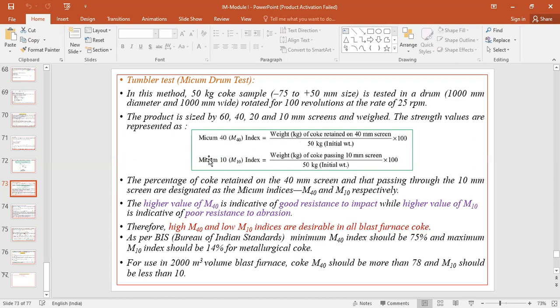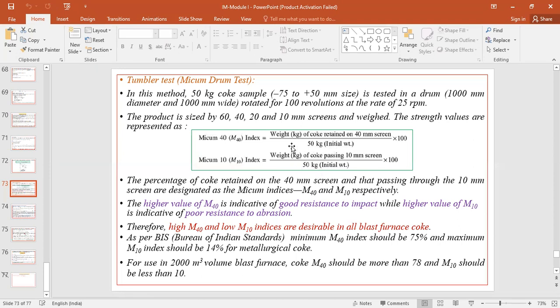Similarly, M10 we can calculate by using this formula, that is weight of the coke passing through 10 mm screen, that is -10 mm, divided by the initial weight of the coke into 100.